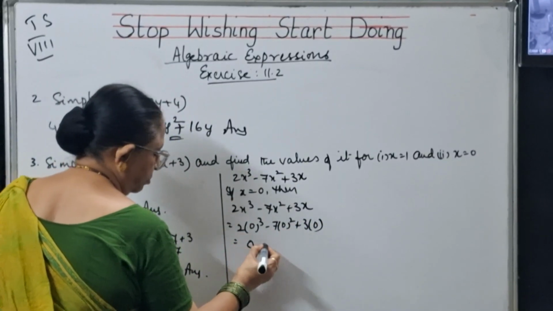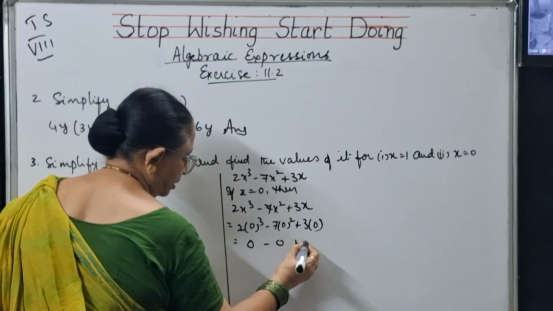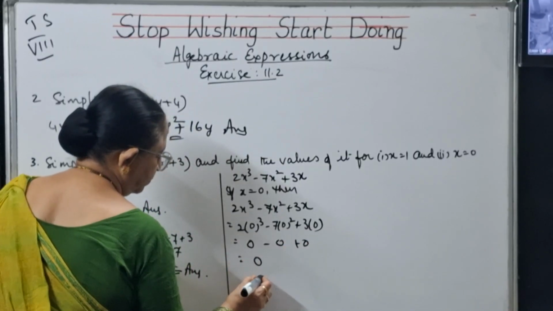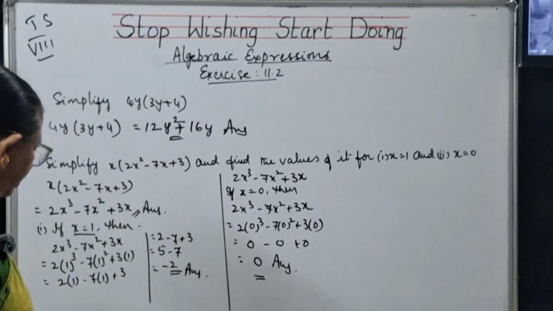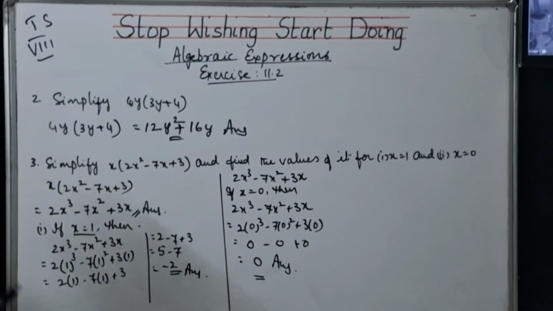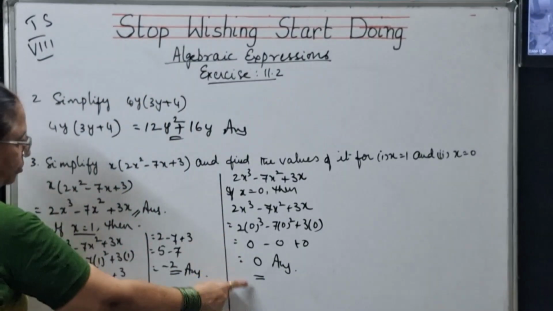So 0 into a number is 0, minus 0 plus 0, that is 0. 0 is the answer. So usually I have found students making mistakes in this substitution.